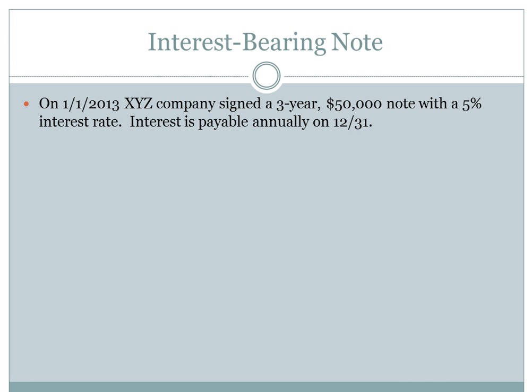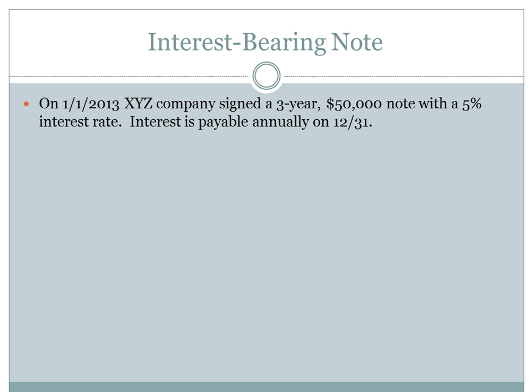So interest is payable annually. This note in particular states that interest is payable annually. And so we need to make sure that we understand how to account for all of those cash flows. And then December 31st, 2015, that's 3 years from now, is when the note will mature.